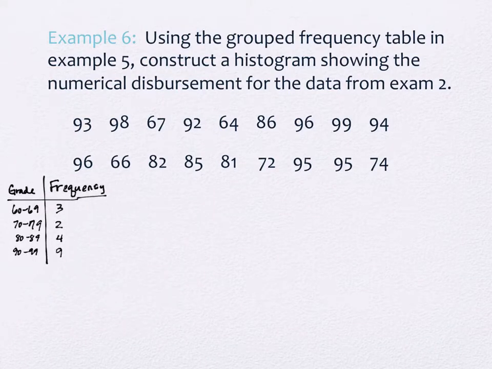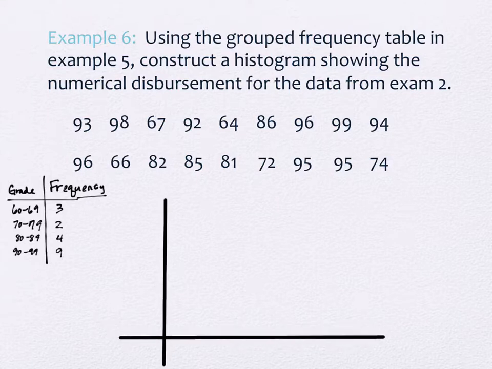There we go. So what you're going to do is create your horizontal and vertical axis, just like you have been on some of the other ones. It'll look like this. And you're going to label them. Along the bottom is going to be the grade. And I don't mean letter grade, it means the number grades, because that's the grouped frequency table we're referencing.